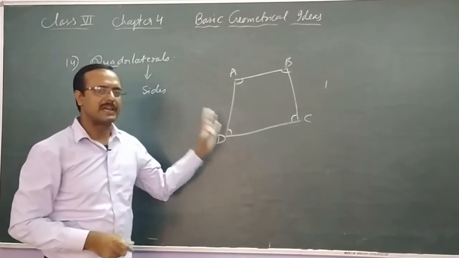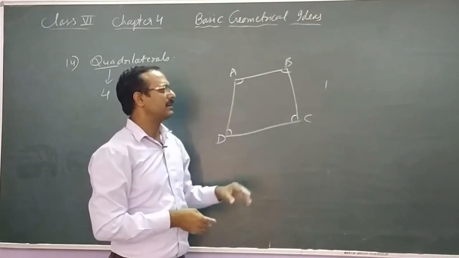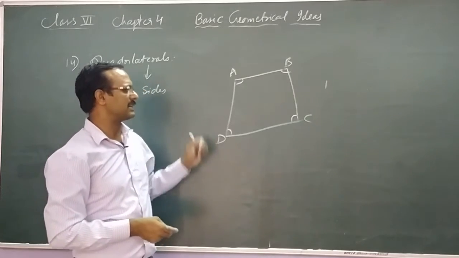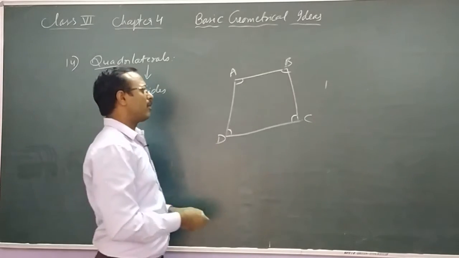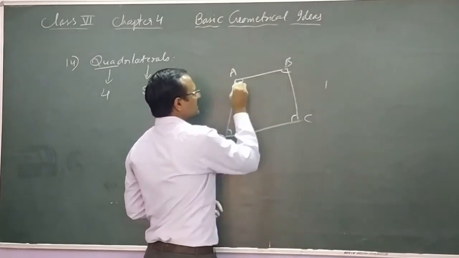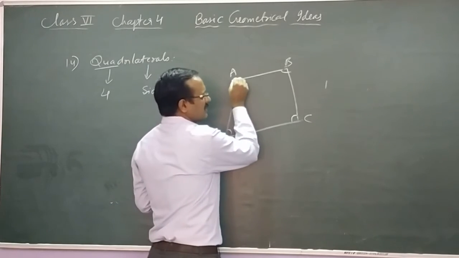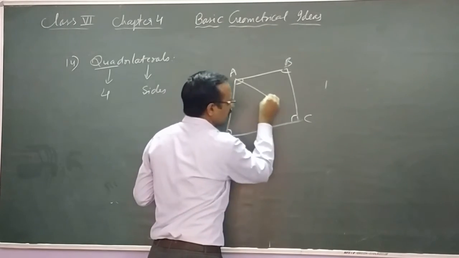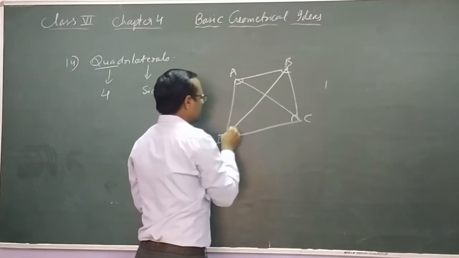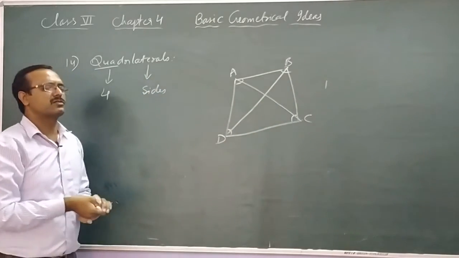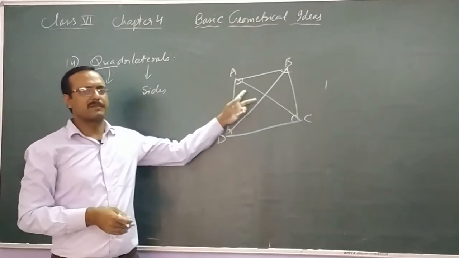There are four sides in the quadrilateral, that is side AB, side BC, side DC and side AD. You can also see there are some non-adjacent vertices present here, so we can also make diagonals. In a quadrilateral, two diagonals are possible.